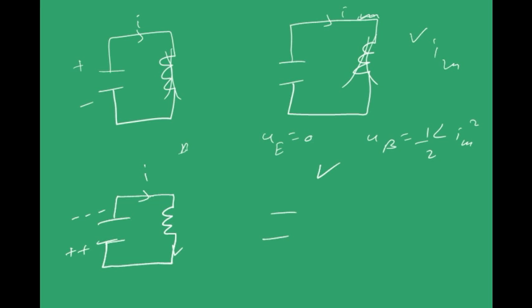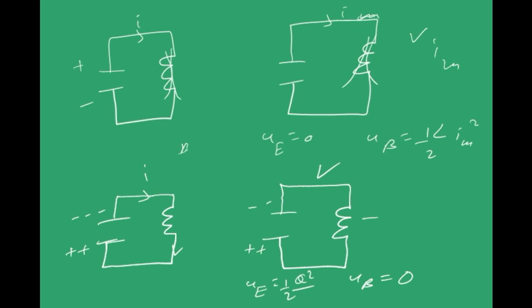And afterwards what happens? All the charges get distributed and there comes a state where the current is zero. I mean, the capacitor gets charged fully. And the magnetic field lines in this inductor are zero, or in other terms the magnetic energy stored inside this inductor in the fourth case is zero, and the capacitor is fully charged again. So the electrical energy will be half q square by C. And what can we observe from all these cases? The energy is getting transferred from here to there. Initially, the capacitor had all the energy.